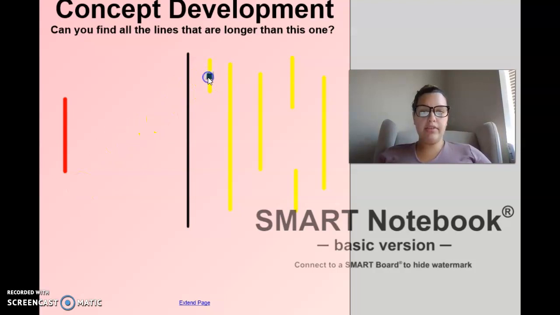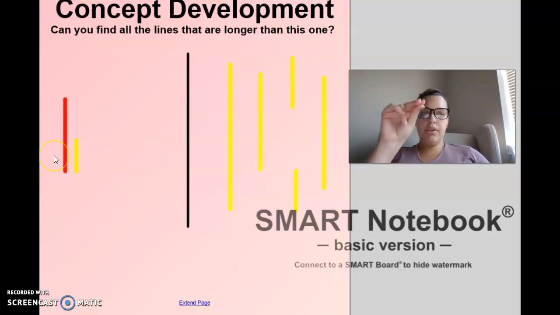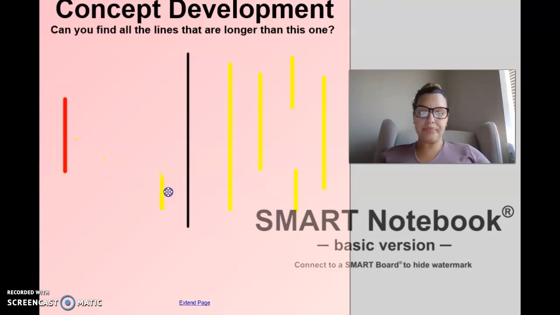I'm going to drag a line over and I want you to tell me yes or no. Is the yellow line longer than the red line? Yes or no? No. The red line is longer than the yellow line.